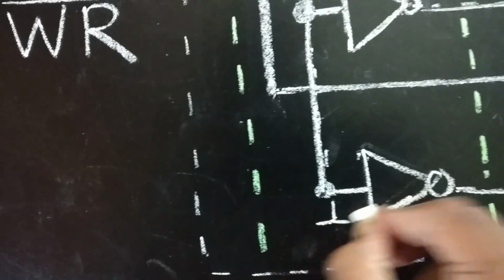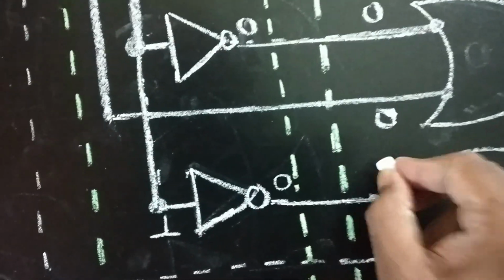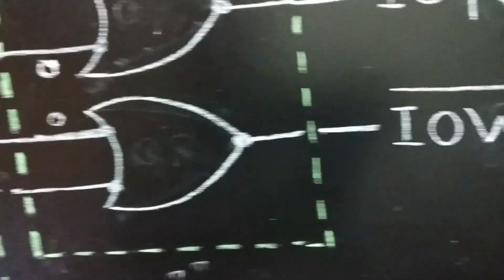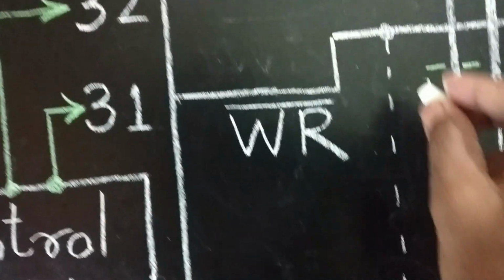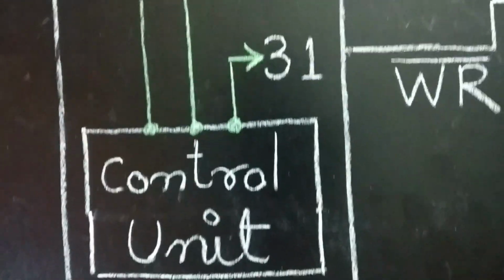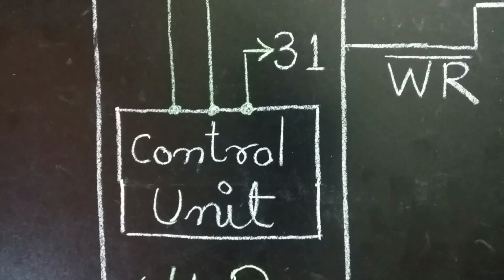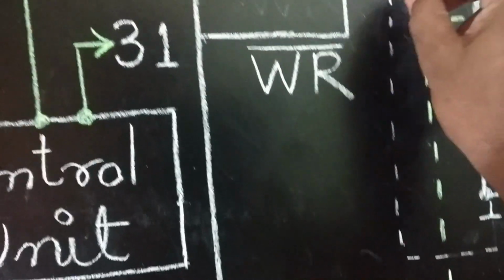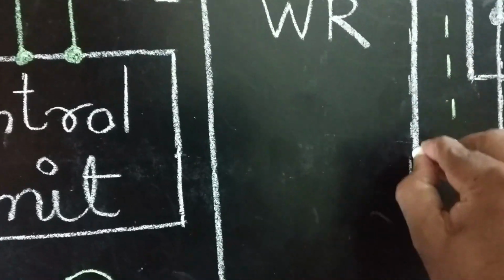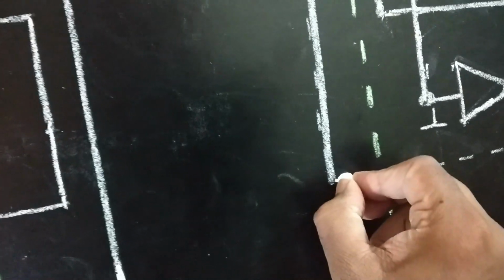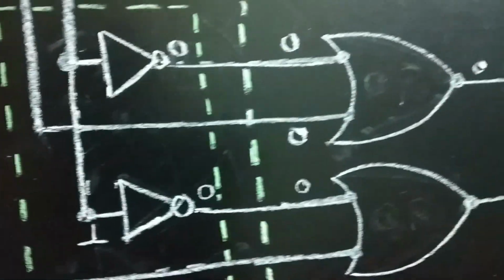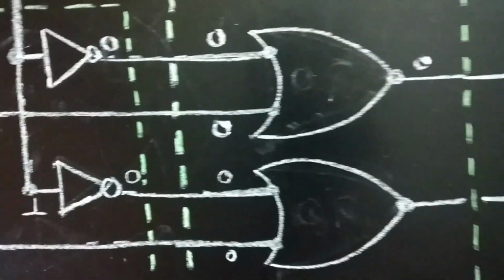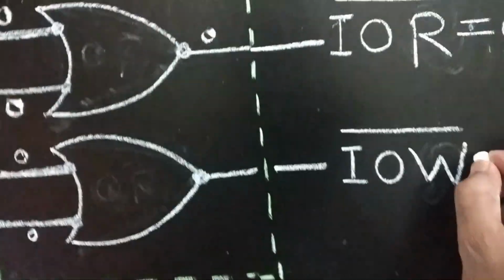Because it is 1 here, we'll get 0 here, and because it is a write operation, the write bar signal, pin number 31, will again be activated because it is an IO write operation from the control unit, and this must be connected to the fourth OR gate. Because both are 0, A, B are 0, as we know the OR logic, this IO write is activated low.